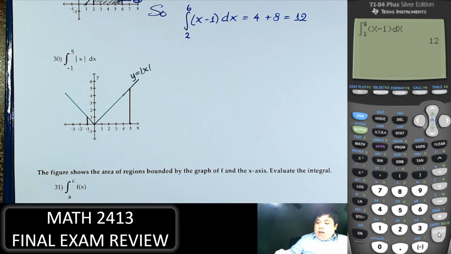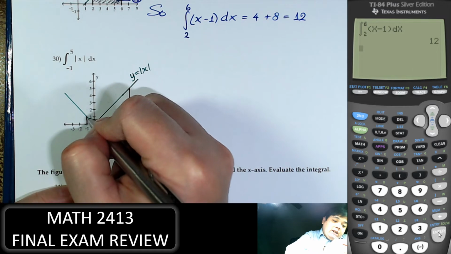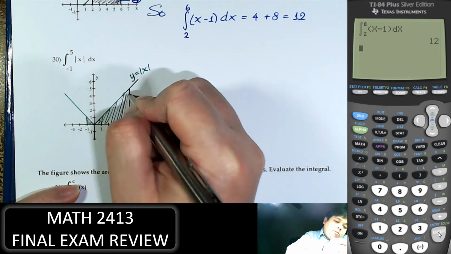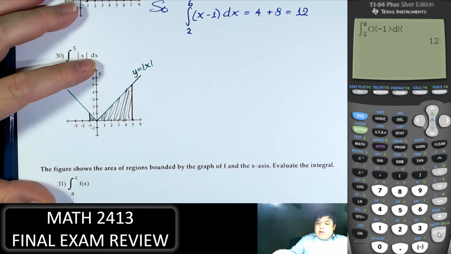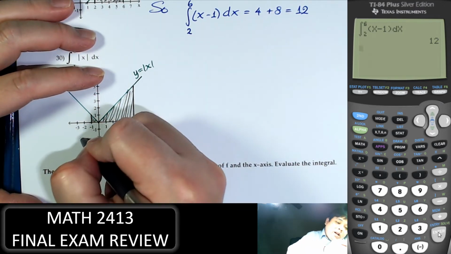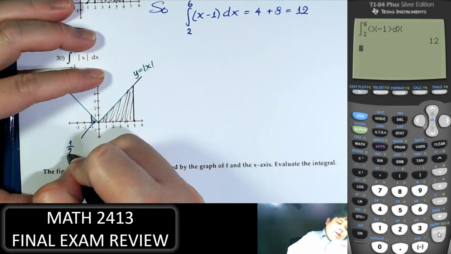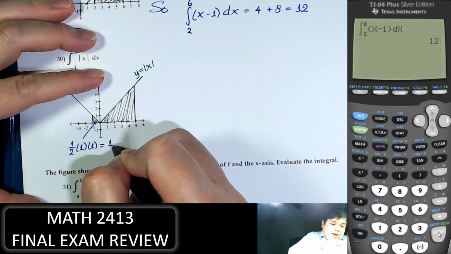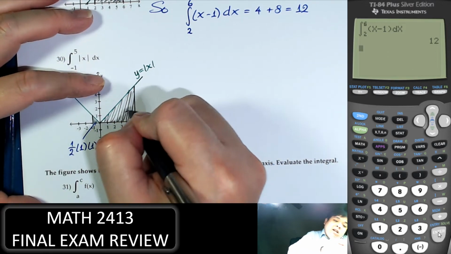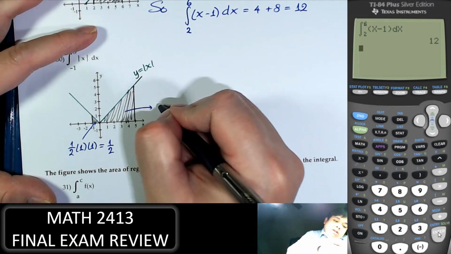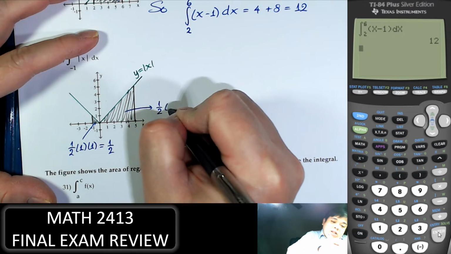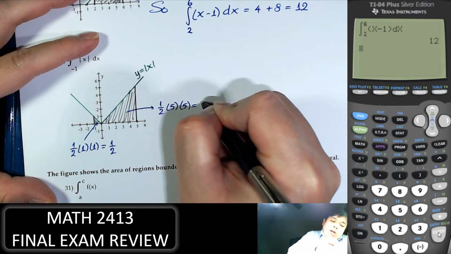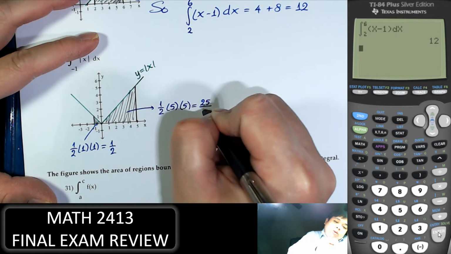Right, so we have two areas under the curve. Both of them are triangles. So for this triangle, 1/2 base times height. The base is 1, the height is 1. So 1/2 is the area of that. Now this one, the area is 1/2 base times height, which is 25 over 2.